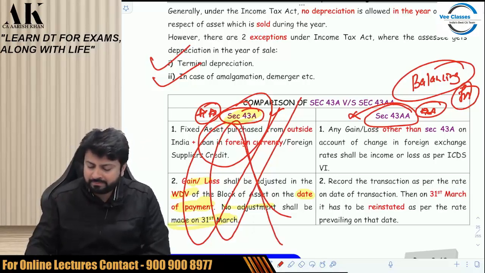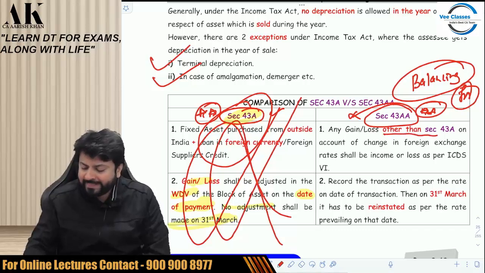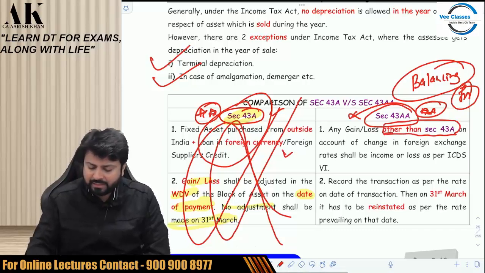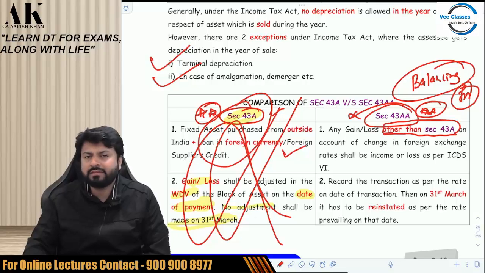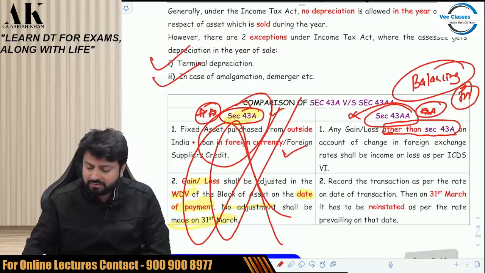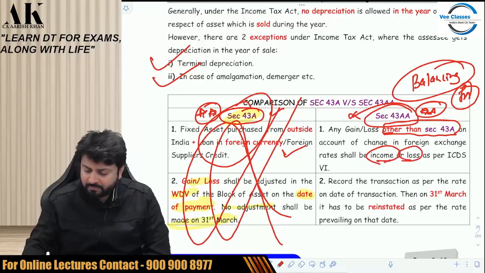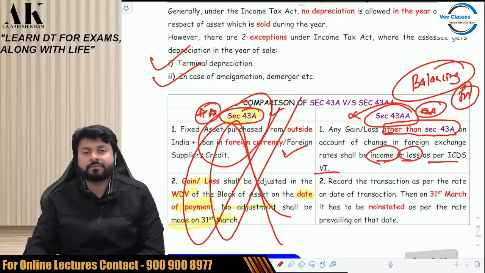How, sir? Check. Any gain or loss other than 43A means other than those cases where you purchase an imported foreign asset with a foreign currency loan. Apart from that, whatever gain or loss is there on account of change in the foreign exchange rate shall be income or loss as per ICDS 6.